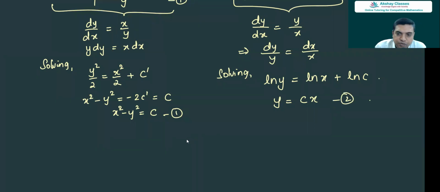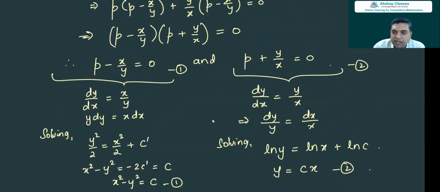Now the solution, sorry, a big mistake. This is minus, this is minus, this is minus. So I get c by x, not c.